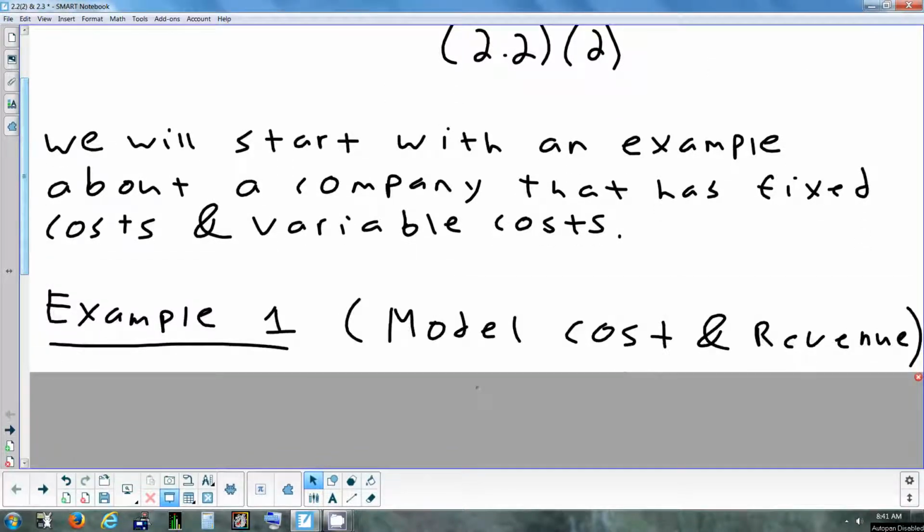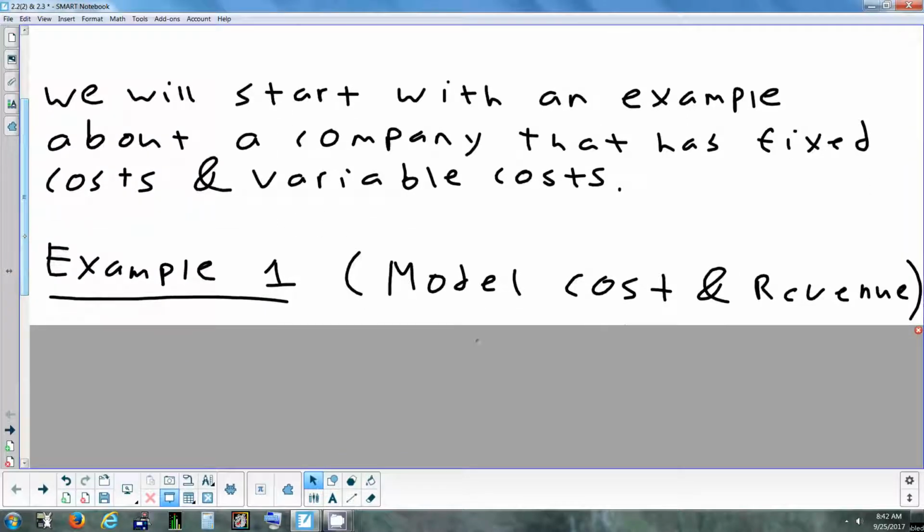So the particular company that we're going to look at has two types of costs. They have a fixed cost and they have a variable cost. Basically, a fixed cost is going to be a flat fee. Okay, they have to pay this much money. Maybe it's the fee to rent the building for the month.